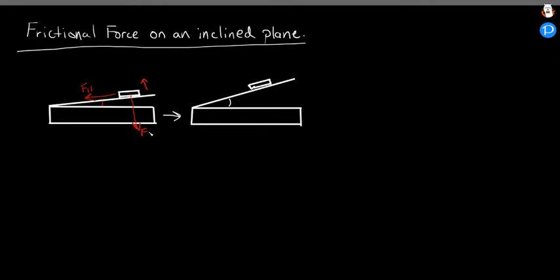Both of these forces, the parallel force and the perpendicular force, are components of this force that acts towards the center of the earth, the force of gravity, or in other words, the weight of the object, which is just the mass of the coin times the acceleration due to gravity. So this and this are components of this force here.